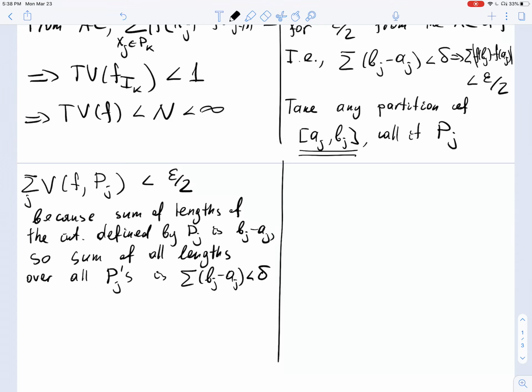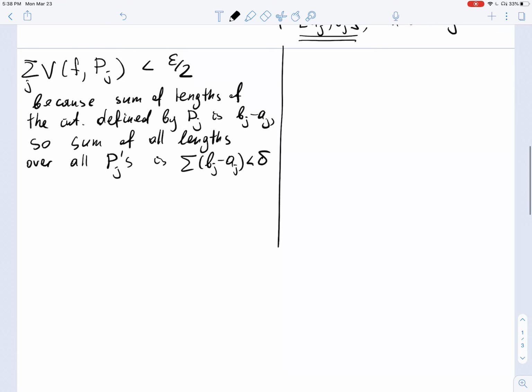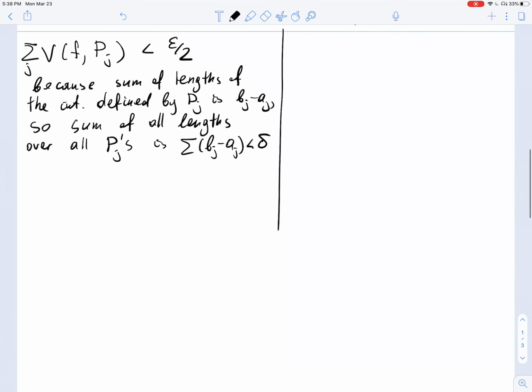And so the sum of the values of f is less than epsilon over 2. Great, and now we take the supremum over all Pj's, and since the Pj's are independent, we get this.